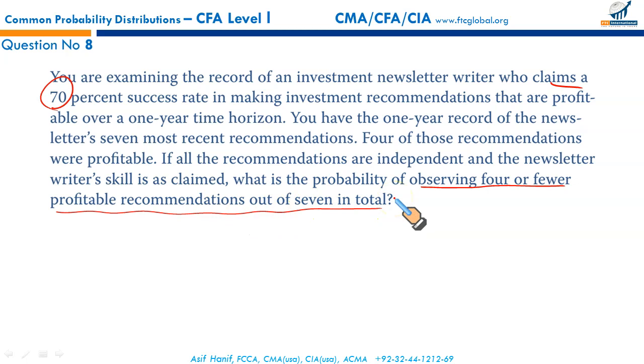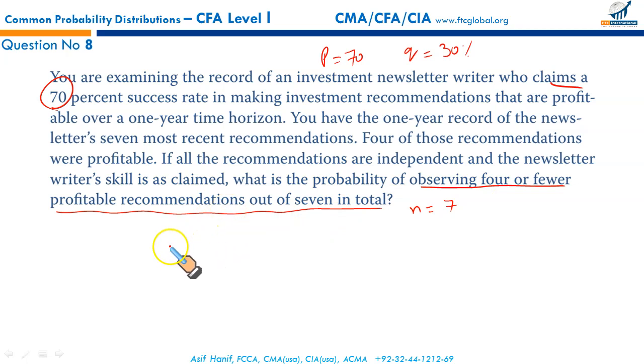So instead of going for our observed value, let us test his claim. He claims his P to be 70%, and of course Q would then be 30%. Out of those total 7, we need to see the probability of observing 4 or fewer profitable recommendations.